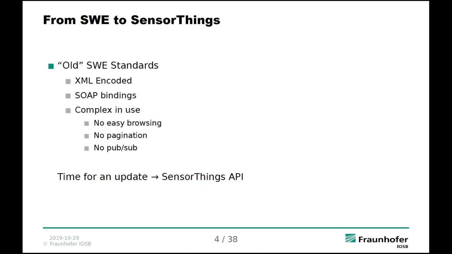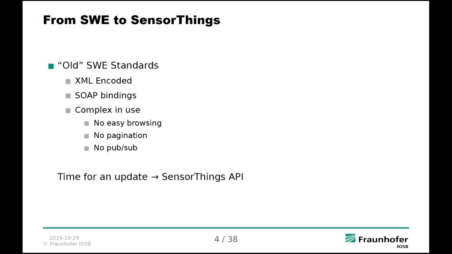Okay, so the old SWE standards have some, I would say, drawbacks. They are using quite verbose XML encoding. They use SOAP bindings, and they're quite complex to use. For example, they do not allow browsing or pagination or publish subscribe.